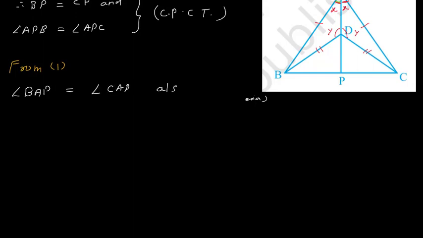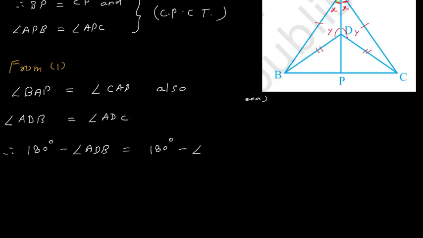Also, we have seen that angle ADB is equal to angle ADC. Therefore 180 degrees minus angle ADB will be equal to 180 degrees minus angle ADC. Why am I doing this? Because 180 degrees minus ADB will be angle BDP. So angle BDP is equal to angle CDP.